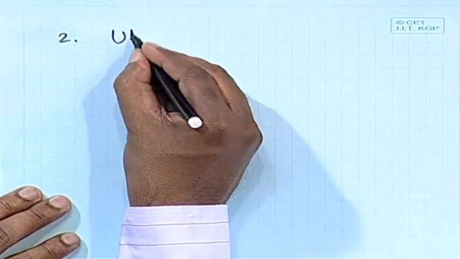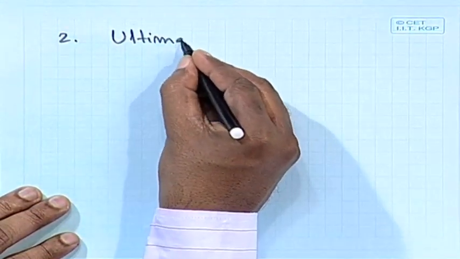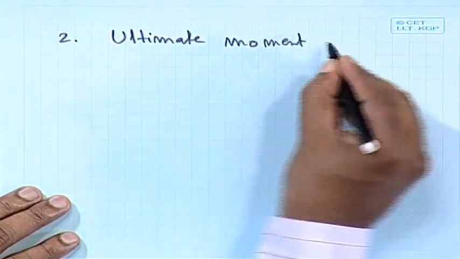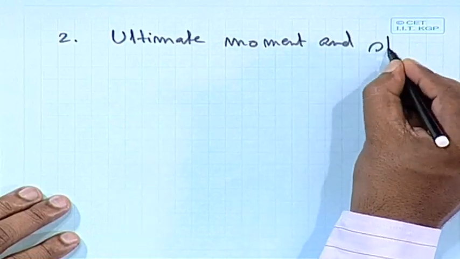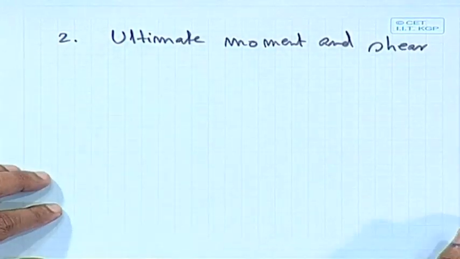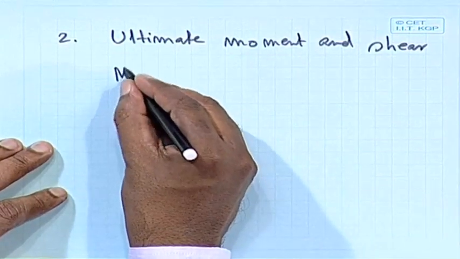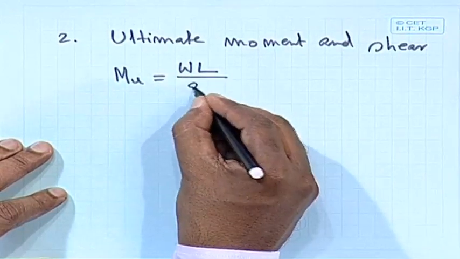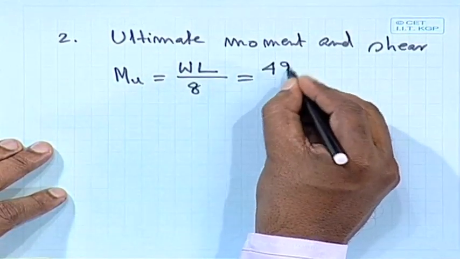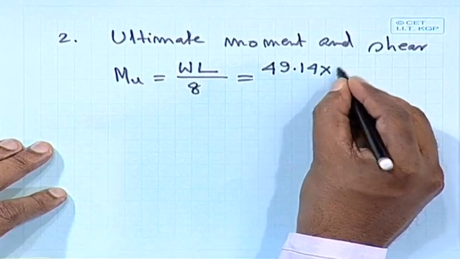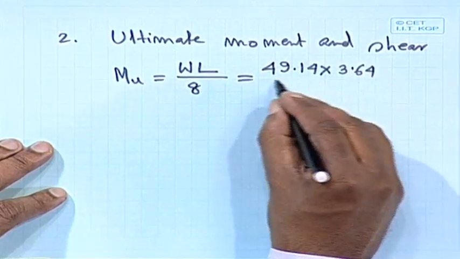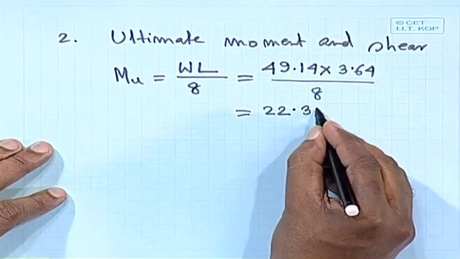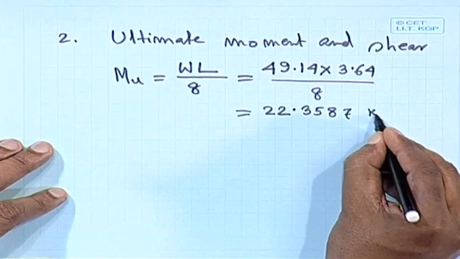Now, let us calculate the ultimate moment and shear. MU equals total load times effective span divided by 8, equals 49.14 times 3.64 divided by 8, equals 22.3587 kilonewton meter.